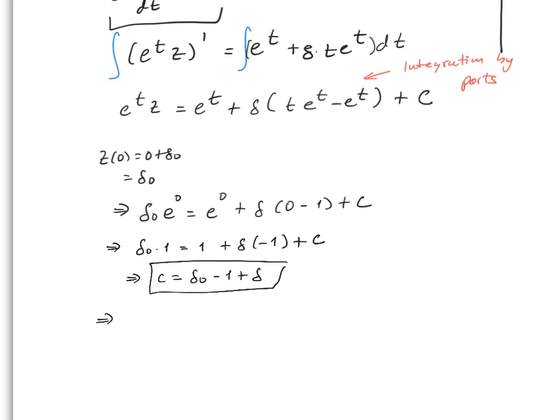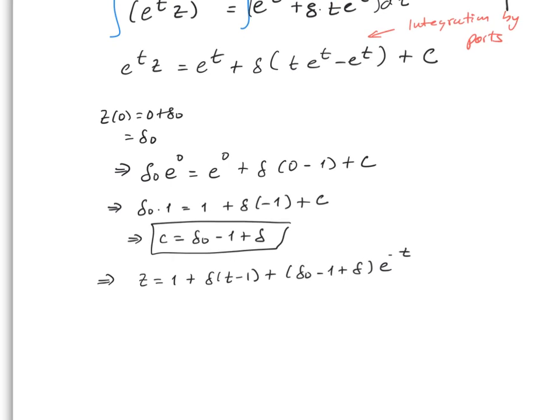So therefore the solution to the differential equation is z equals 1 plus delta times t minus 1 plus delta 0 minus 1 plus delta e to the minus t. How do we get that?